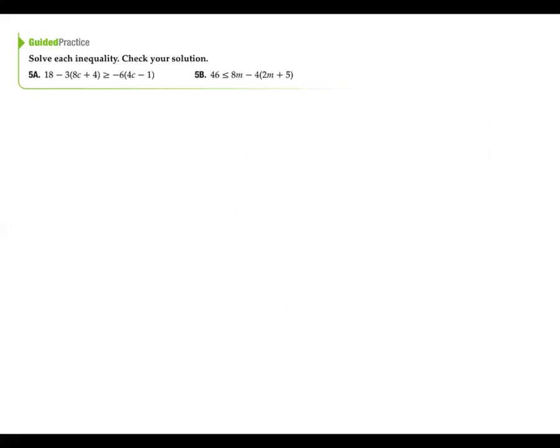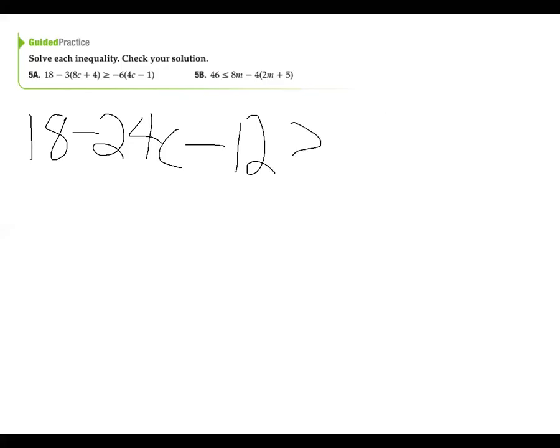Let me double check my answer for 5a. So it would be 18 minus 24c minus 12. Okay, I thought I made a mistake there. So negative 24c plus 6. So the 18 minus 12 is 6.